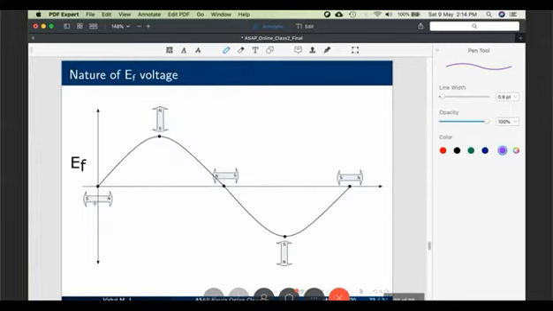EF is a sinusoidal quantity. Remember, at 0, the poles are horizontal. When I say horizontal, vertical, these are all relative terms, but for your sake of understanding, the poles are horizontal. Then it takes its maximum value at 90 degree when the poles are vertical with north pole upward. North pole is here.